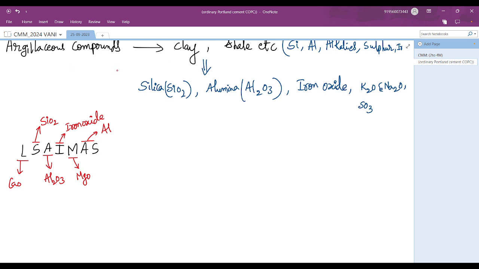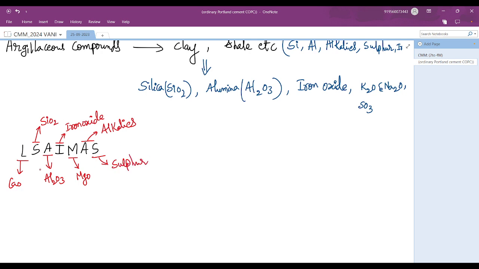Those impurities we can't remove, however precisely and sophisticatedly we carry out the manufacturing of cement. Some impurities in the form of alkalis are still present in clay, so they are present in traces. Actually, they are unnecessary elements, but still they are present in cement. In the same way, sulfur is also present.